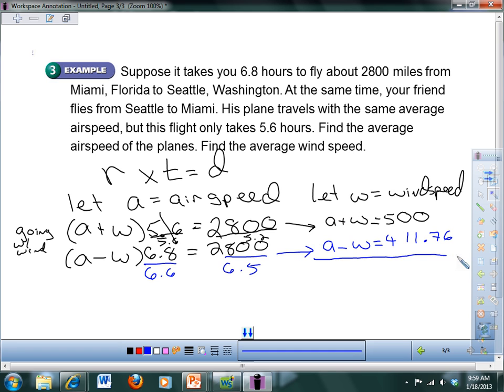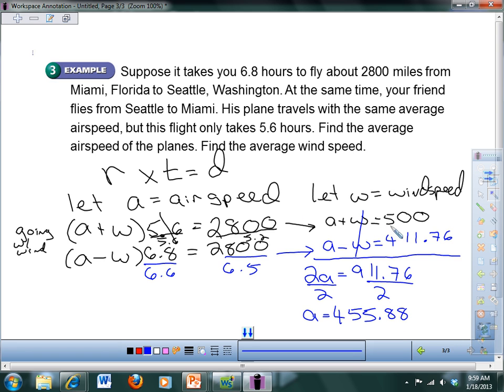Okay. So, who can tell me how I get rid of one of the letters? What do I do with those two equations? Add them together. Just add them straight together. That gives me 2A equals 911.76. And then I divide by 2, and I get the airspeed is 455.88.